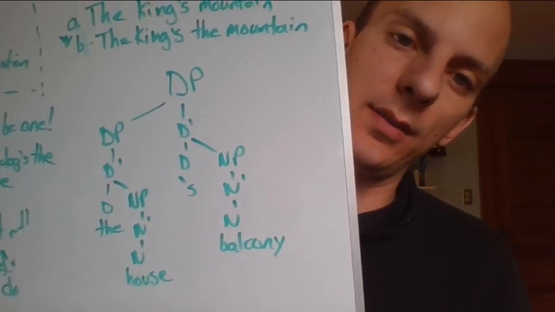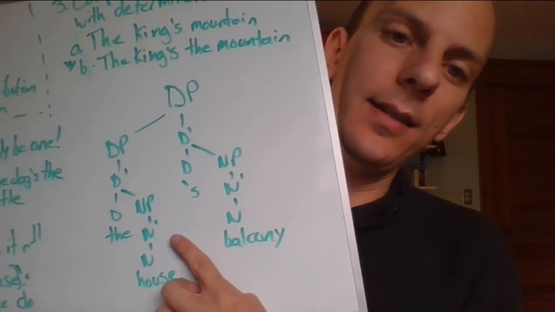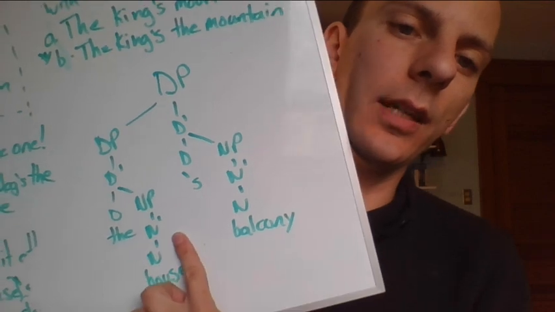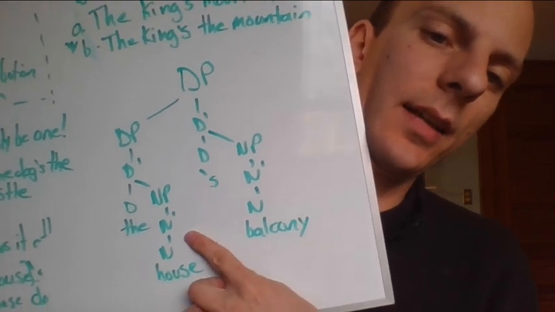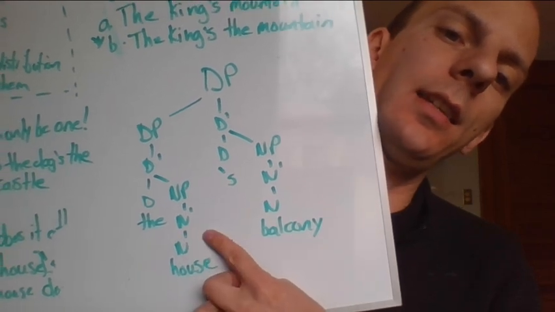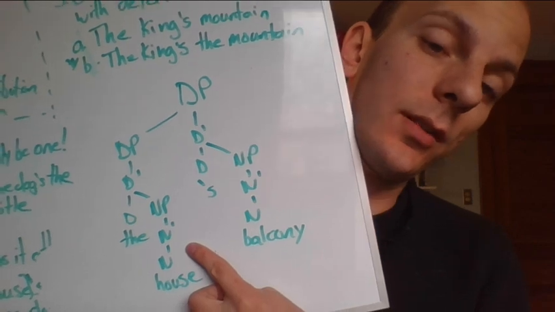So we have the house's balcony. But the interesting part is that if we add things in here, right now, kind of linearly, the apostrophe S is attaching to house in the house's balcony. But if we add in modifiers to what kind of house, that's going to change.